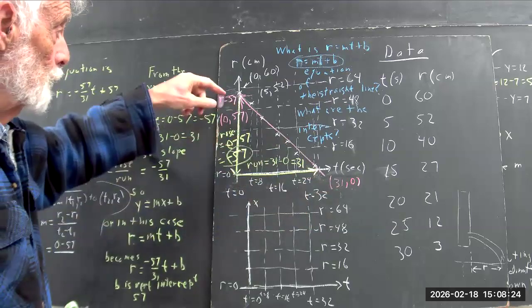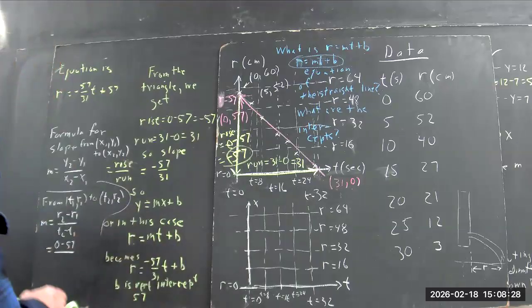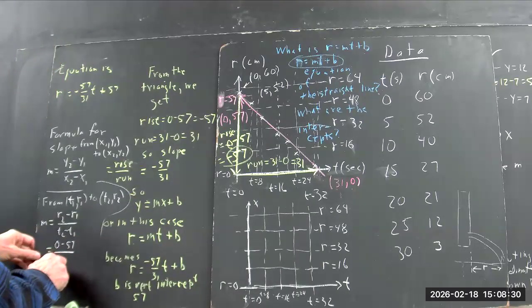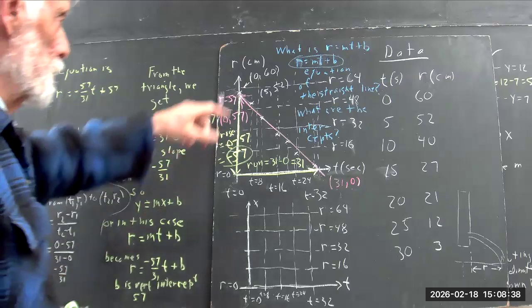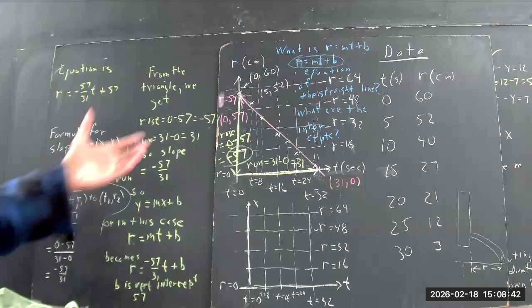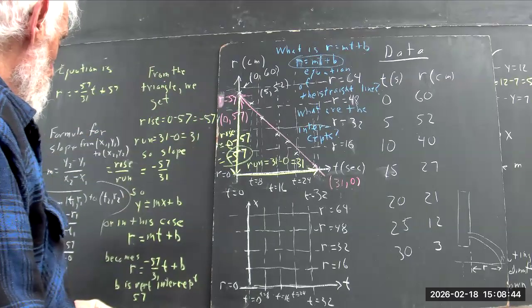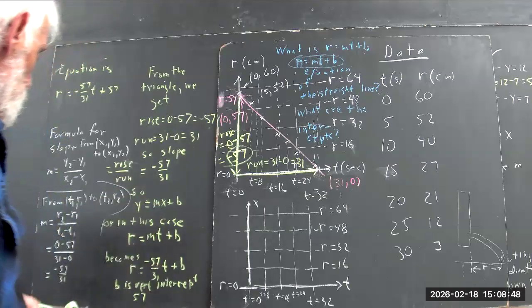Now, T1 is 0, T2 is 31, so it's going to be 31 minus 0, and that gives us negative 57 over 31, just as we got it from the picture. So there's our formula, there's our picture. The rest is just as we did it.